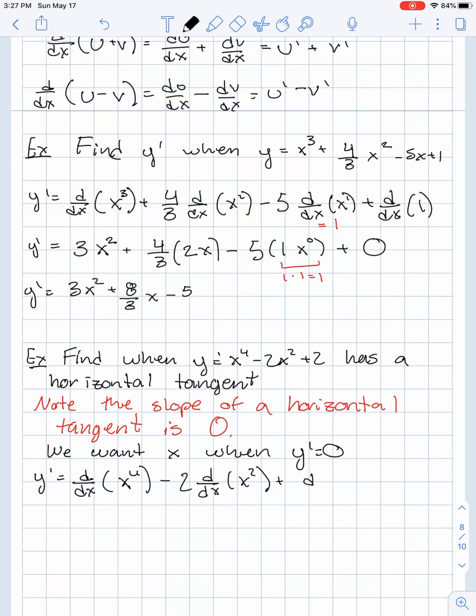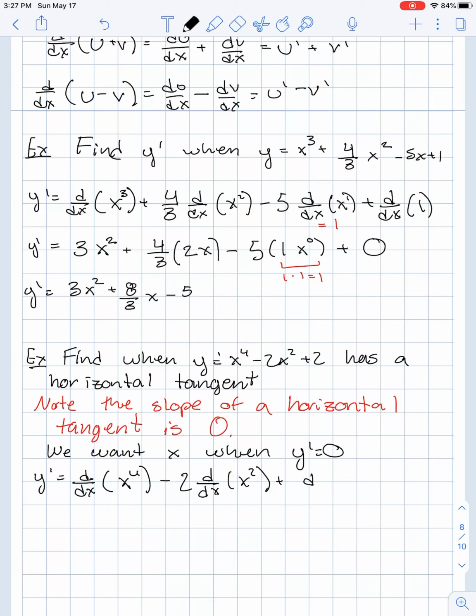We also write f divided by g prime, or let me write that with some x's. Oopsies.